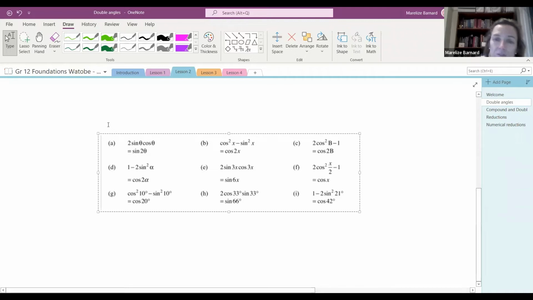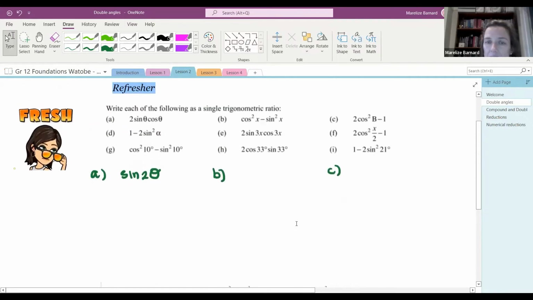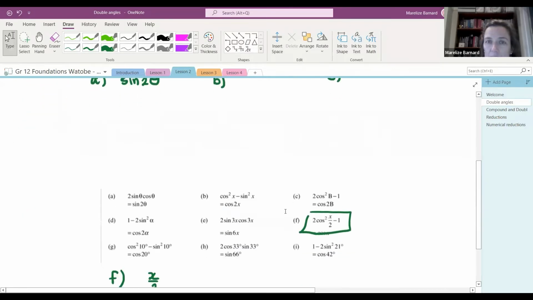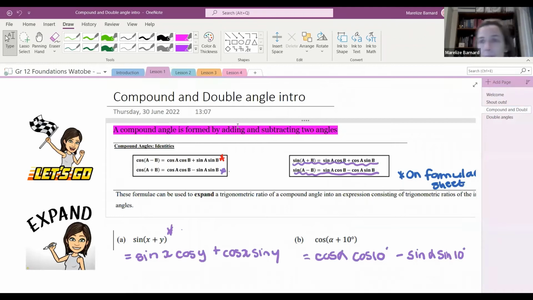Question F: our angle is x over 2. And we recognize this as our double angle identity, one of the options that we have for cos of a double angle. Let's call up this big, where did I put it?